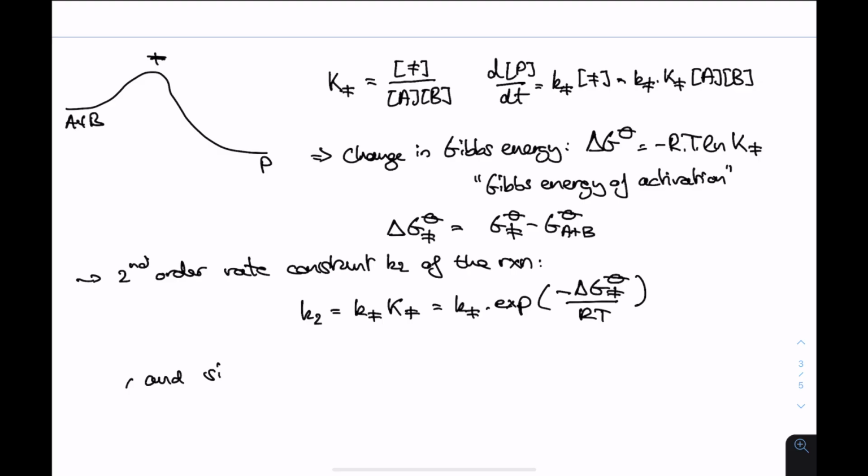And since we know G equals H minus T times S, right? We can rewrite that.